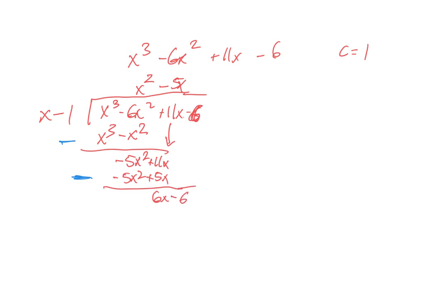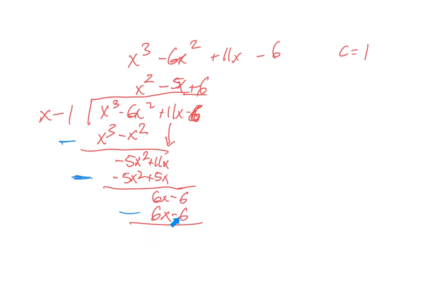And then again, last one, x into 6x, I need it to be plus 6. I would have 6 times x, 6x, and 6 times negative 1, negative 6. Subtracting again. 6x minus 6x, 0.